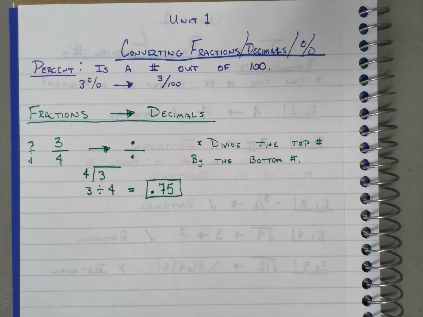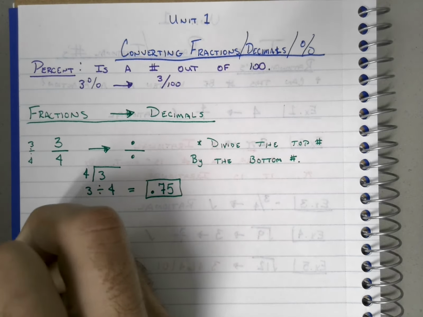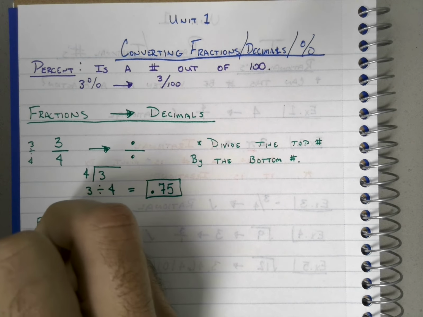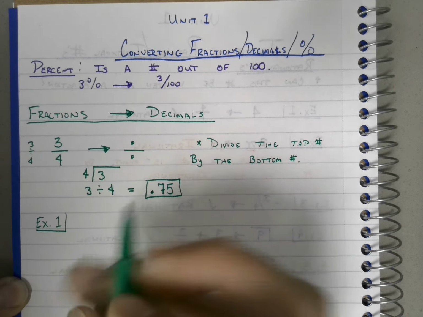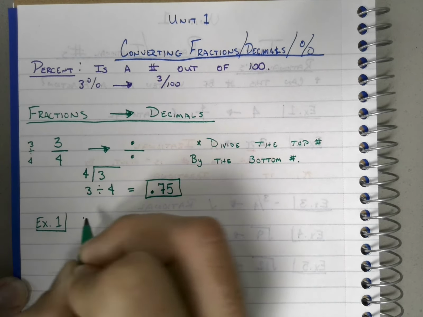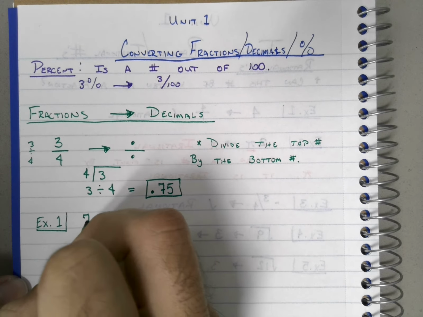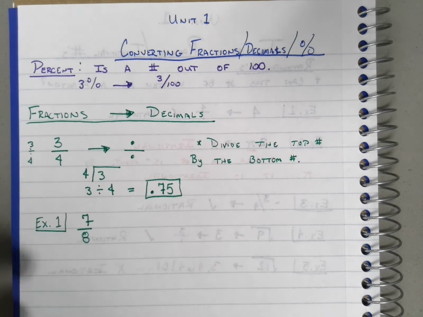Okay, so let's try an example. Let's say we're going to change, what would be an easy one? Let's do 7/8. We're going to convert 7/8 to a decimal.